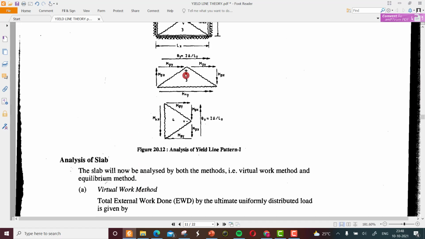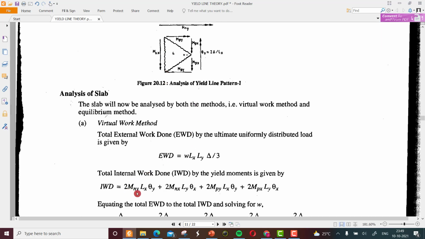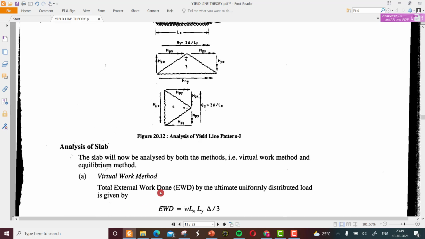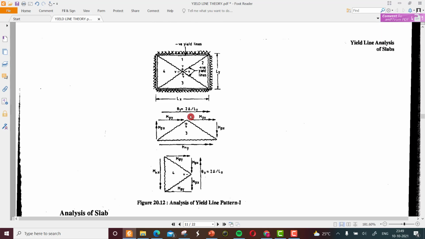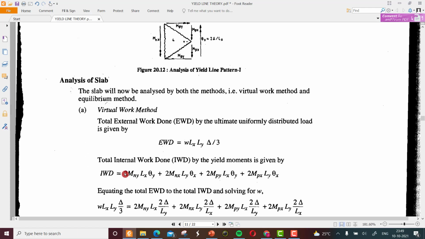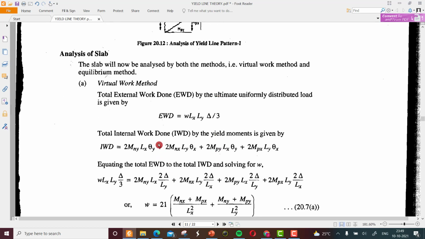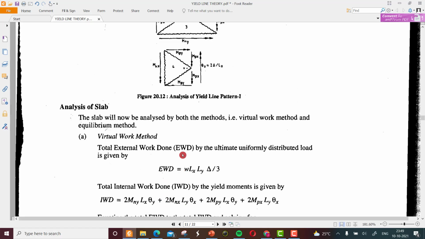take the first FBD. Then for that case, 2 into mny into lx into theta y. So we are taking the twice value because we have the 3 and 1 identical. So this 2 is for multiplying for two segments. So mny into lx into theta y plus mnx.